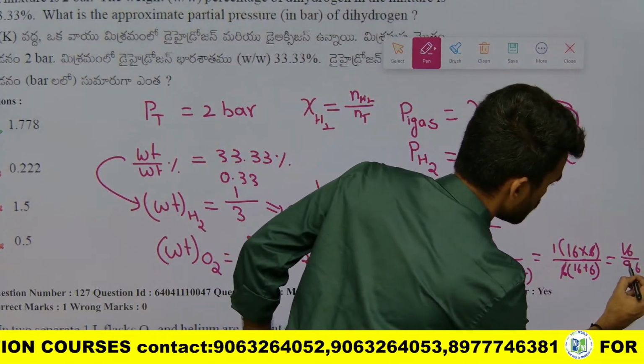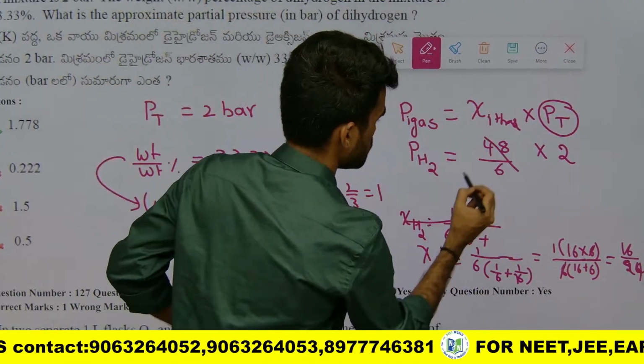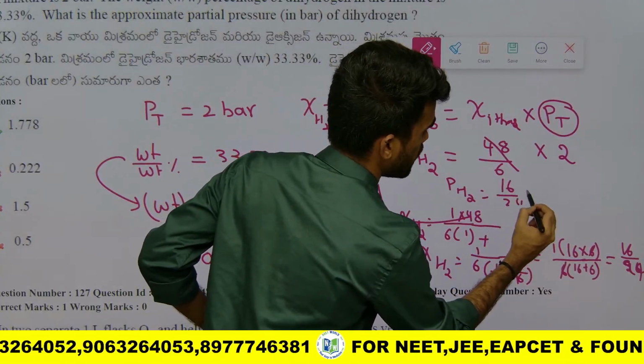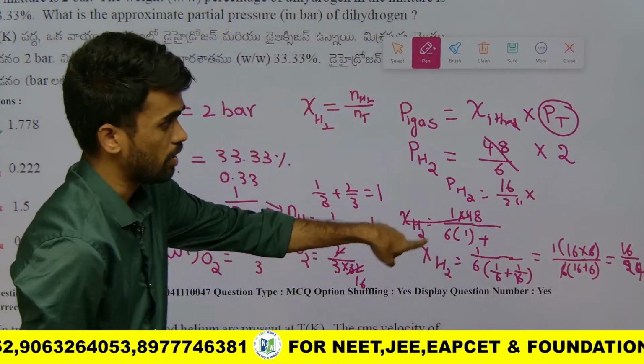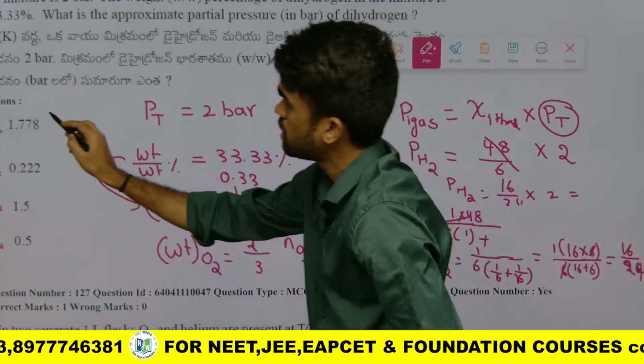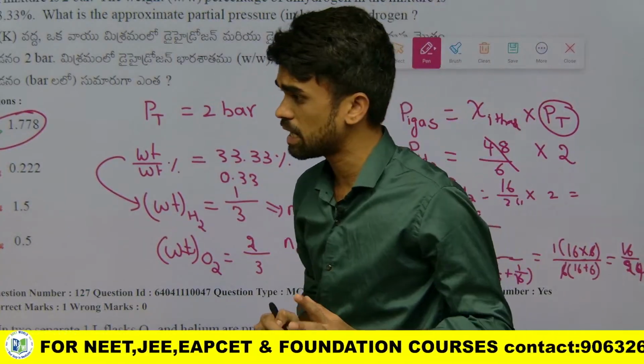So 24 you will get. By simplifying and substituting, PH2 will be 16 by 24, whatever value you got, multiplied by 2, so you will get the respective answer. That will be 1.778. Hope it is clear, right?